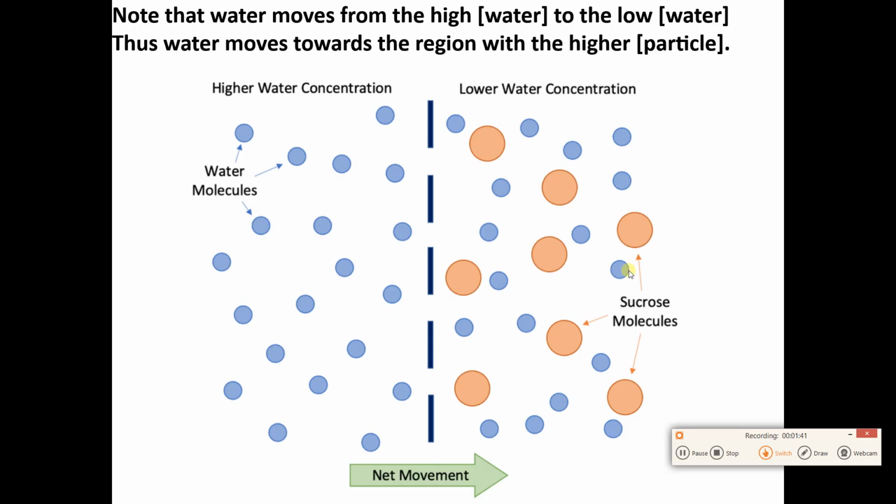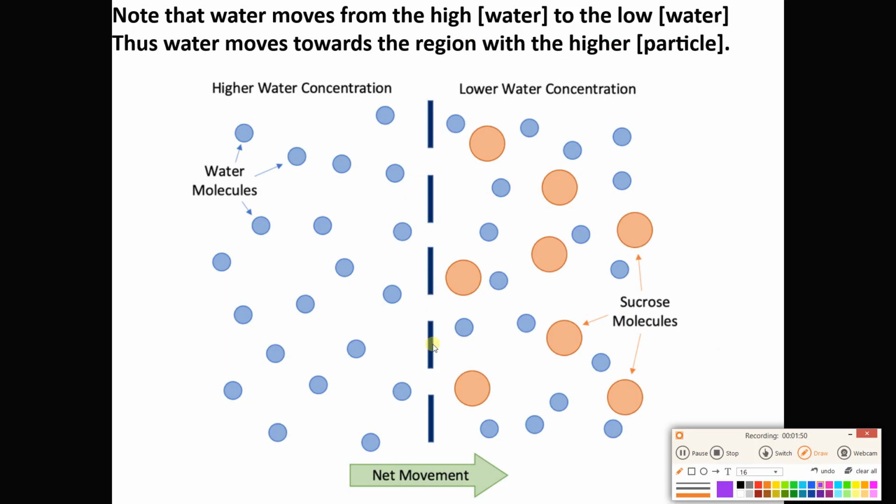I want to point out that if we look at this picture here, I have a semi-permeable membrane in the middle, these dashed vertical lines. I have water molecules on the left and water molecules on the right, and I have more water molecules on my left versus on my right.